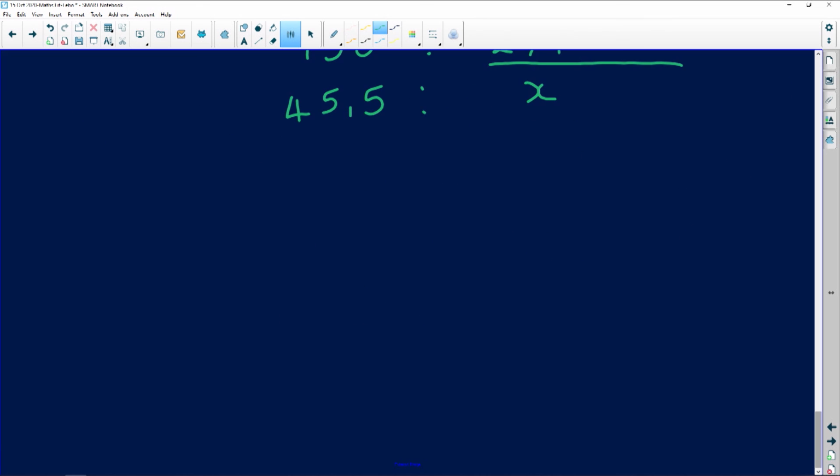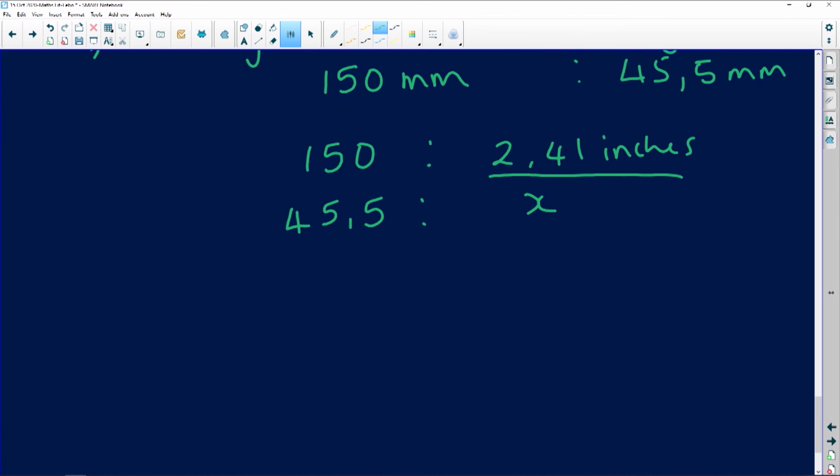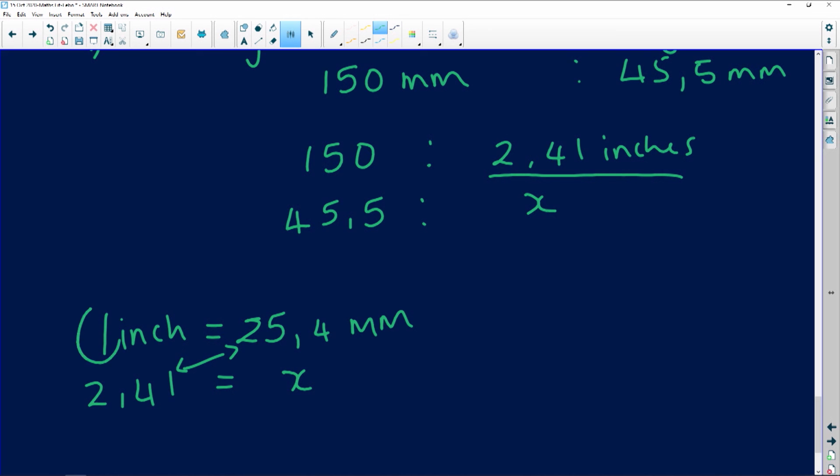Let's go do some rough work. So I'm going to say, if I'm working from known to unknown on the side, but I'll erase it, is that I know that 1 inch is equal to 25.4 millimeters. Please don't go cram it. You will be given. Okay. So now inches under inches, 2.41. And then I want to find out what it is in millimeters. So I need to multiply those two and divide by that one. Let's go use it in our calculator.